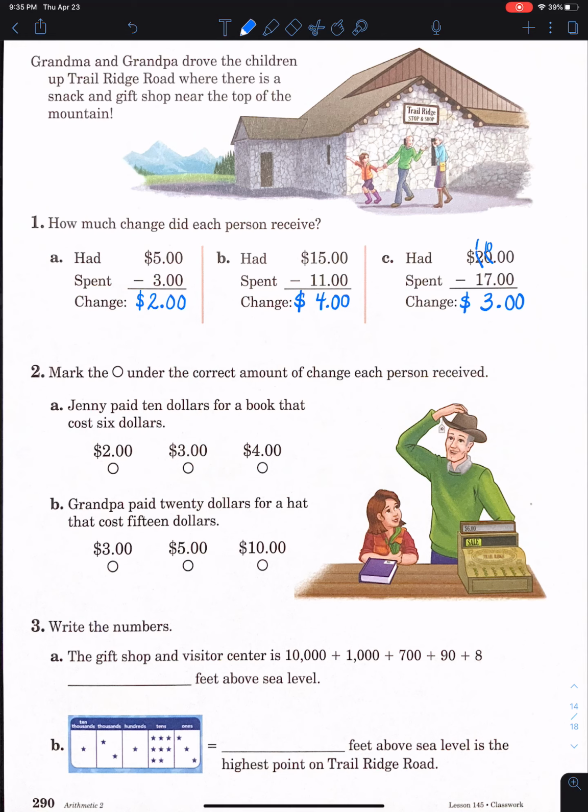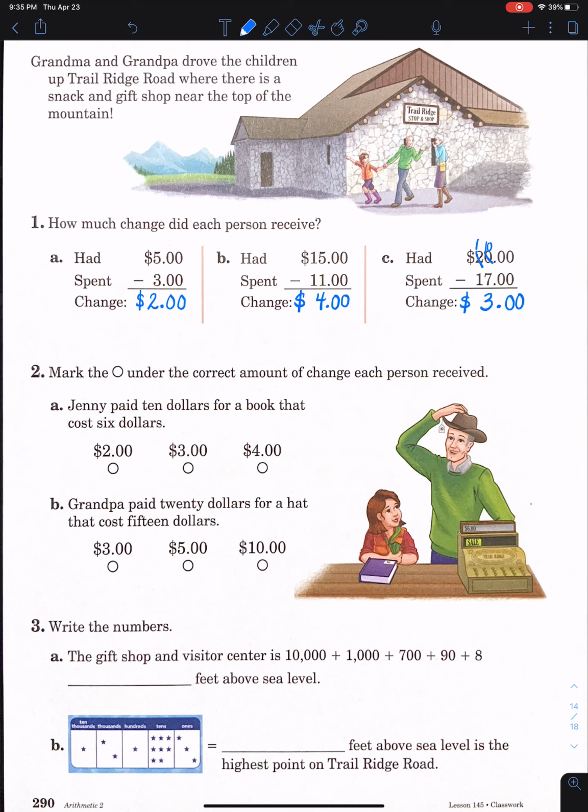All right, number 2. Mark the circle under the correct amount of change each person received. Jenny paid $10 for a book that cost $6. Okay, so she took her book up to the cashier. The book cost $6, but she has a $10 bill in her pocket. She gives the cashier the $10 bill. How many dollars should she get back in change?